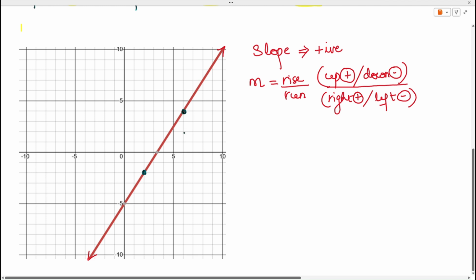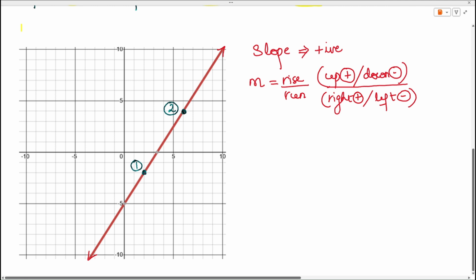So they just need to be 2 perfect points. Now, this is point number 1 and this is point number 2. So we can either move from point 1 to point 2 or we can move from point 2 to point 1. It doesn't matter.